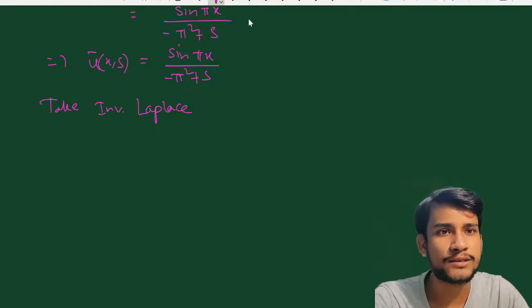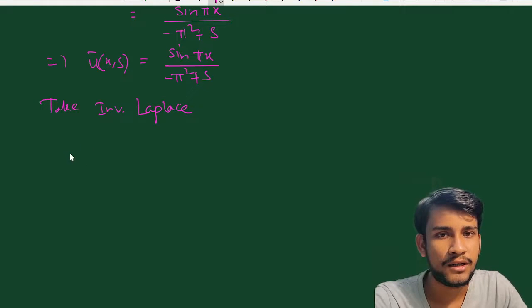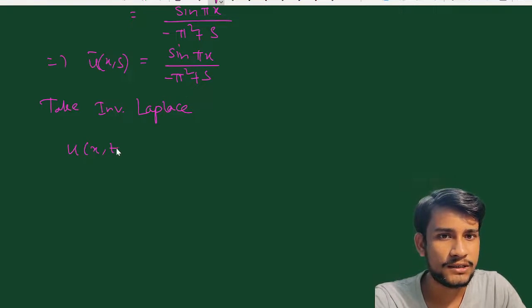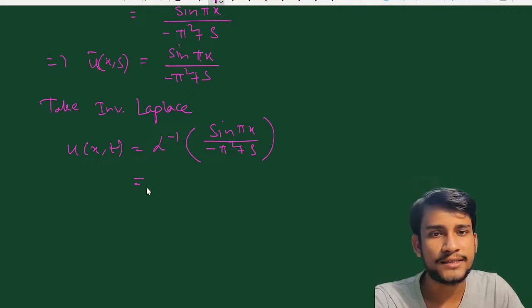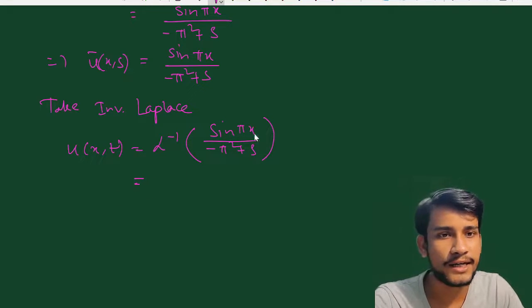If we take the inverse Laplace transform, then we get u(x,t) equal to Laplace inverse of sin pi x by minus pi square plus s. Since the Laplace transform is taken on the variable t, x is outside the inverse.